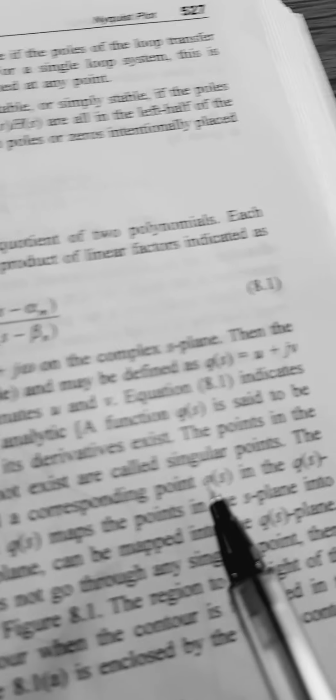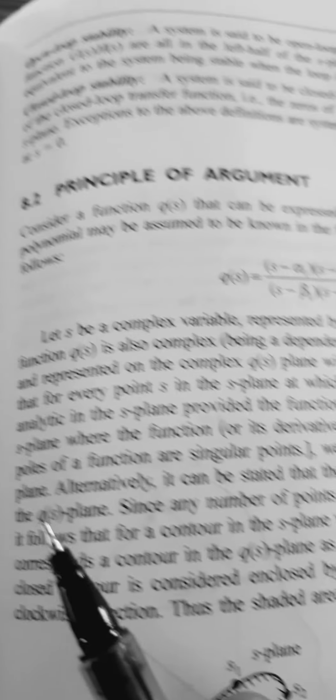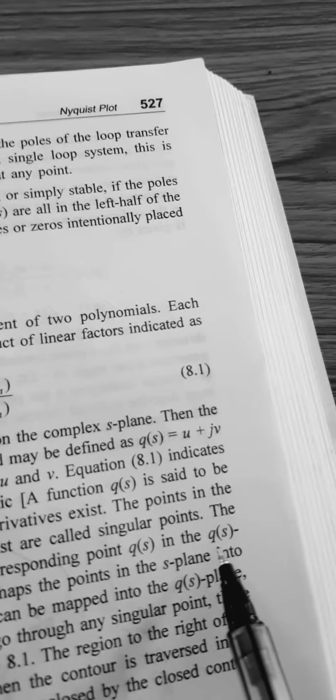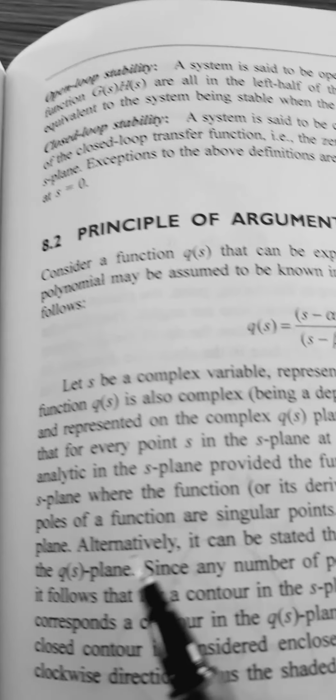Now we can find the corresponding point Q of S in the QS plane. So if there is a point in the S plane, we can find the corresponding point in the QS plane.